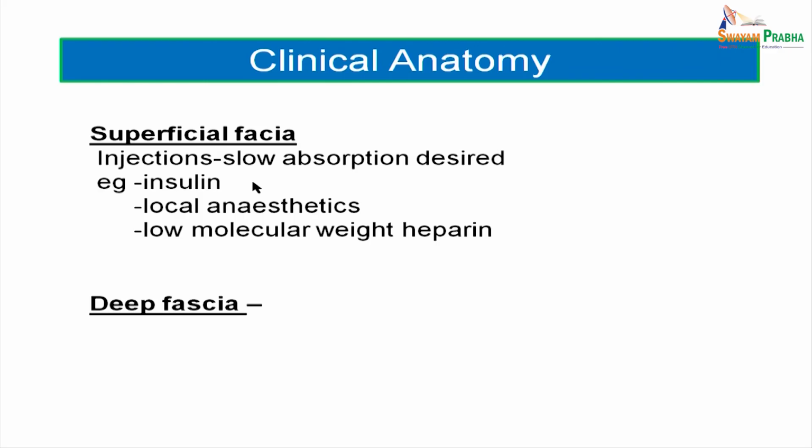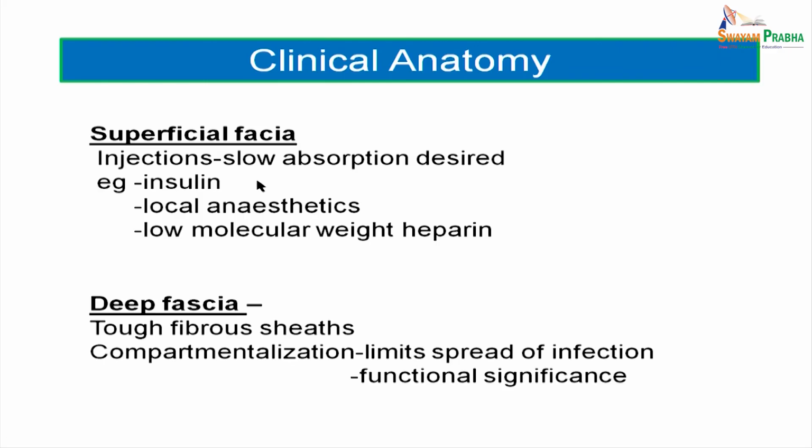What about the deep fascia? Deep fascia is important because it forms a tough fibrous sheath and it helps in compartmentalization. This compartmentalization will limit the spread of infection from one compartment to another, and by localizing the source of infection, the mass spread is limited, and also by determining where the infection is present, we can treat it.